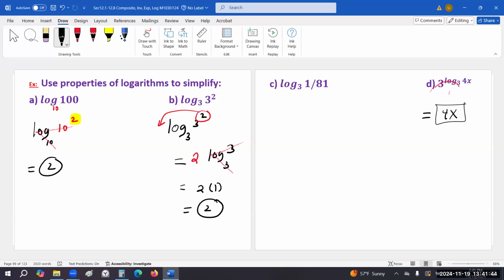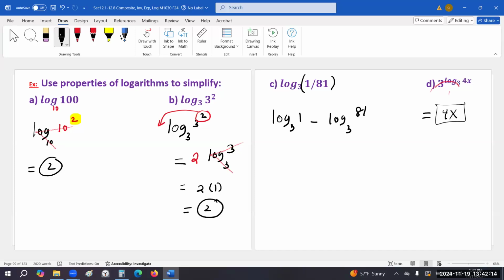What can we do in C? Log base 3, parentheses 1 minus log base 3. Oh, you want to apply the rule. Okay. So minus log base 3, 81. Okay, but you're not done, right?